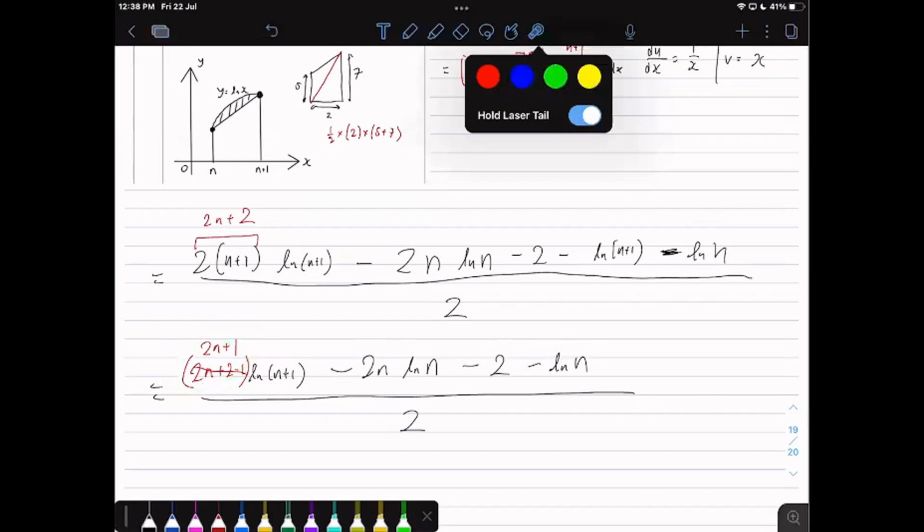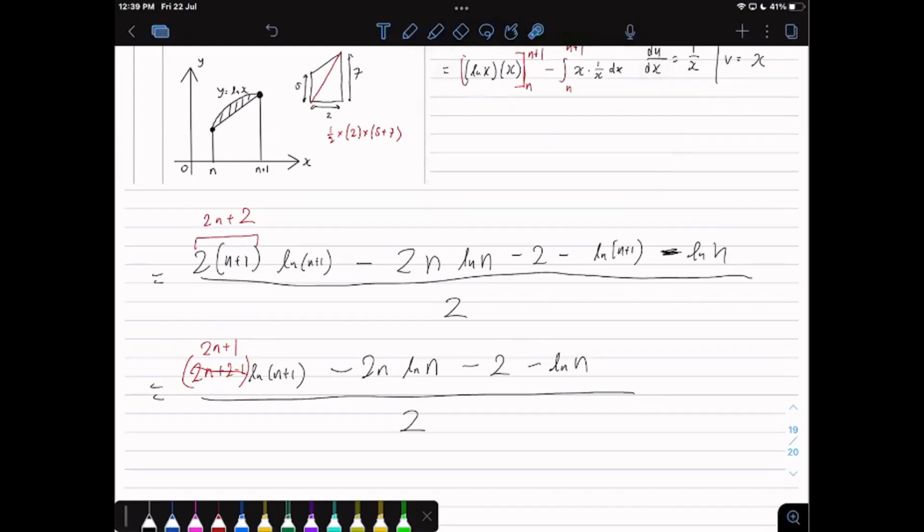And whenever you're done, take a photo and send. Have you sent it already?